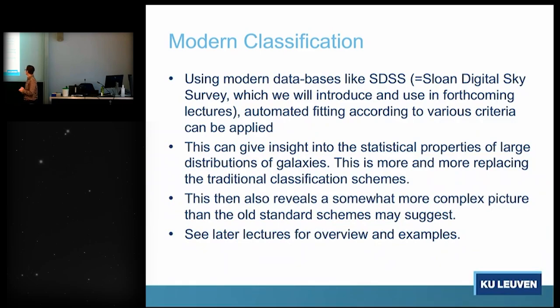And this is more and more replacing the traditional classification schemes that I've touched upon, right? It also reveals, as perhaps not a great shock, that it's a somewhat more complex picture than the old standard schemes may first suggest.